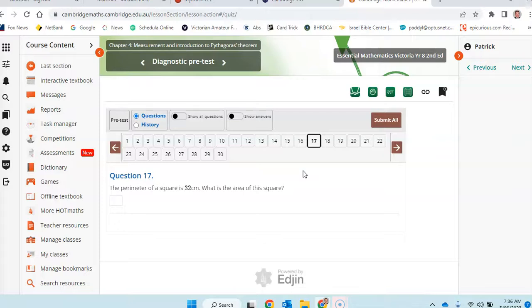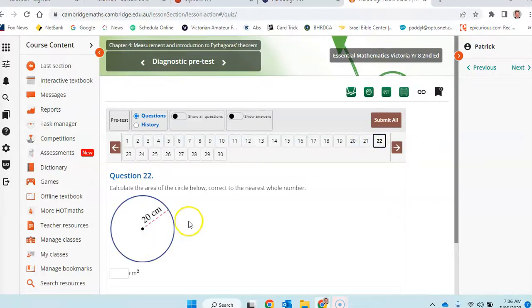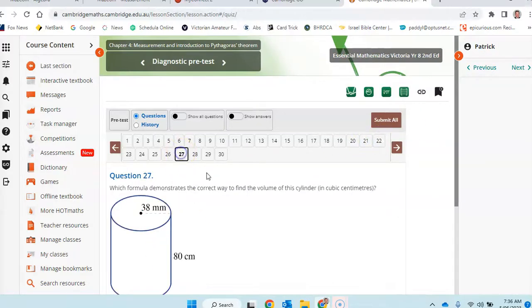What is the area of the square? If you know the side is 4, then 4 times 4 will equal the perimeter, side plus side plus side plus side, and then area of a rectangle is length times width, or for a square it's side squared. You can have a look at these questions to work your way through them.